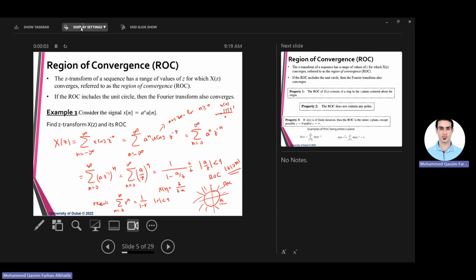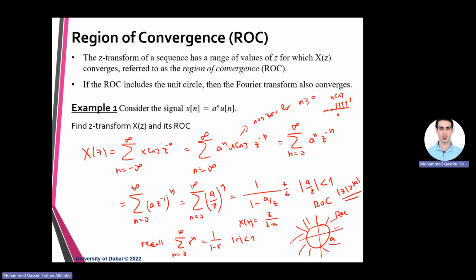Okay, let's duplicate. All right, so we have it here. The unit step function, change the limit. I have this one. Then this is what we ended up with. Then we substituted this expression into finding this value, 1 over 1 minus a over z.